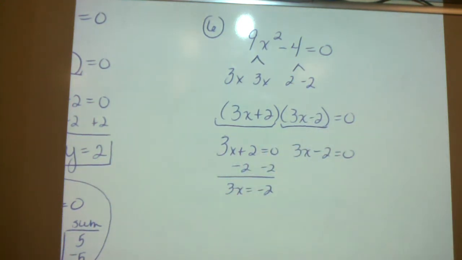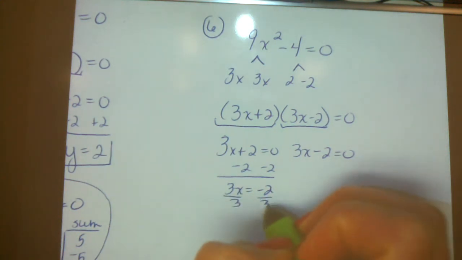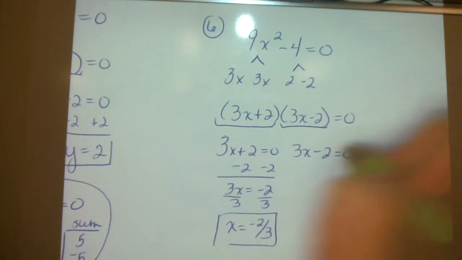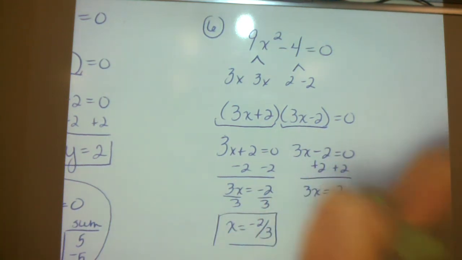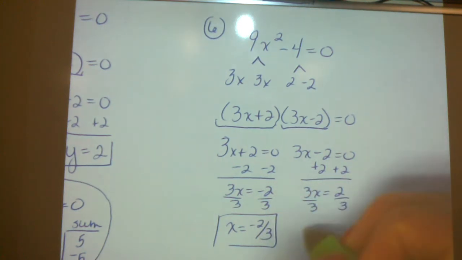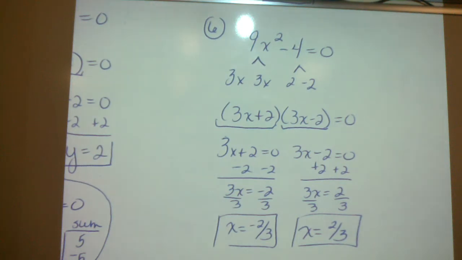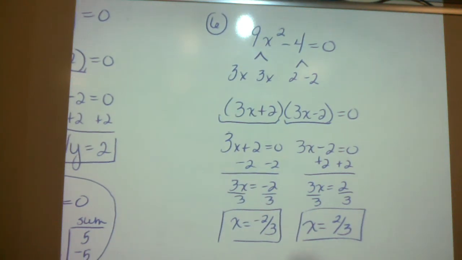When I solve, I've got x is equal to negative 2/3. I've got x is equal to a positive 2/3. So if I were to graph this quadratic equation, our U-shaped graph, our parabola, would cross the x-axis at negative 2/3 and 2/3.